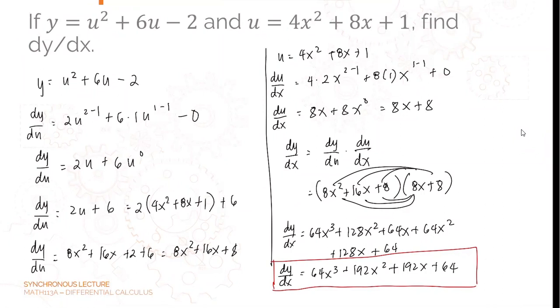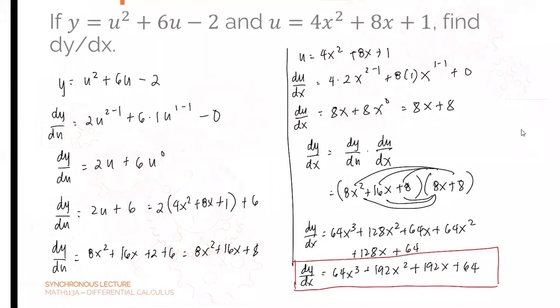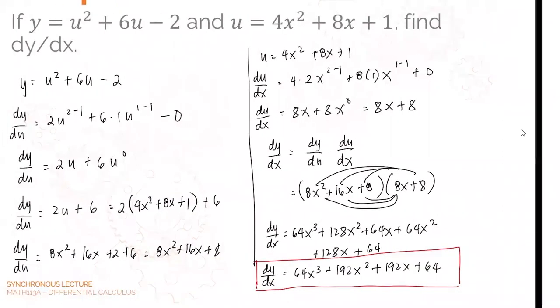Kasi pwedeng halimbawa dito sa first one. Anong lumabas sa'yo? 64 times x plus 1 cubed. Yung x plus 1 mo, naka-cube. Okay lang yan. Same yan kasi yung sagot mo na sinasabi mo is y prime is equals to 64 times x plus 1 cubed. No?